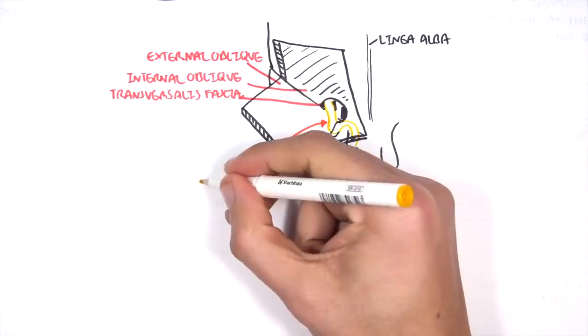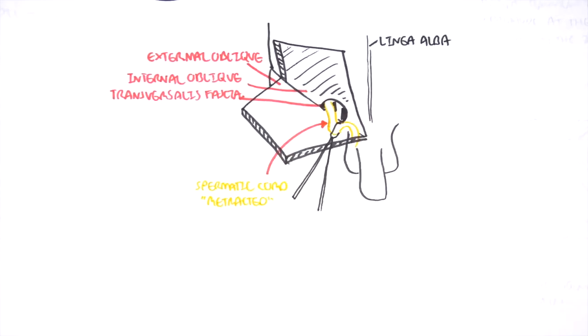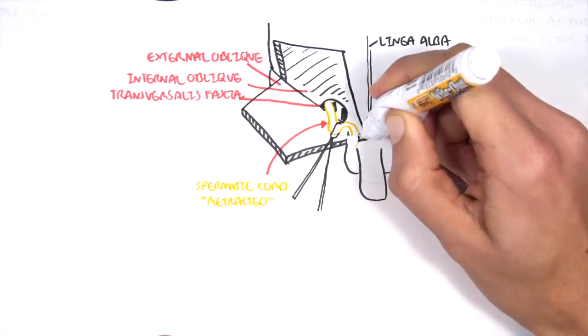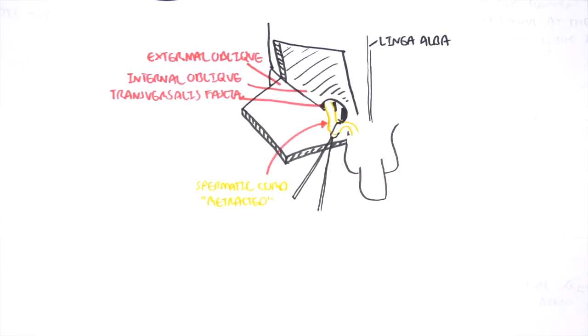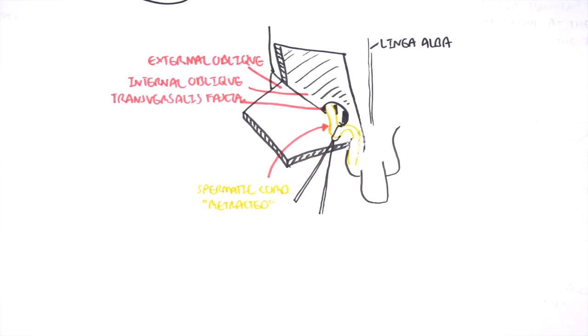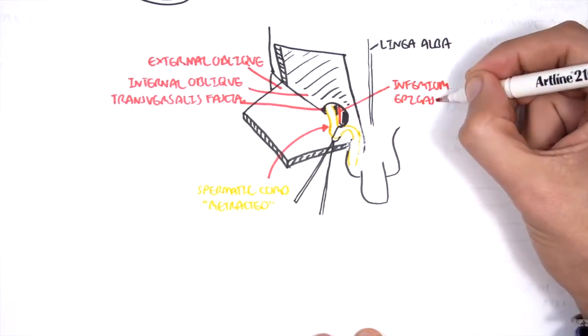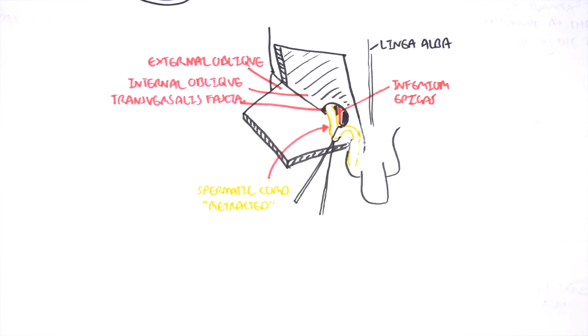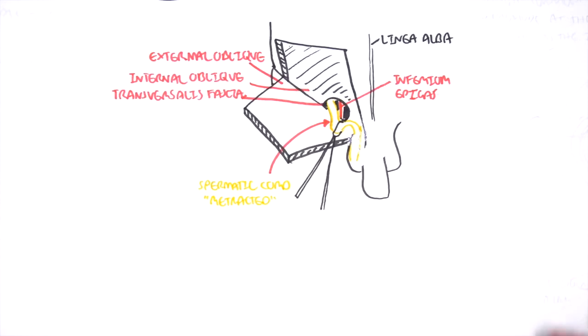Because we're pulling it, we can see below the spermatic cord, or next to it, an important artery, which is actually a landmark. Keep note of this. The artery is the inferior epigastric artery. It is an important landmark because it differentiates between the different types of inguinal hernia, and we'll talk about that as we go.